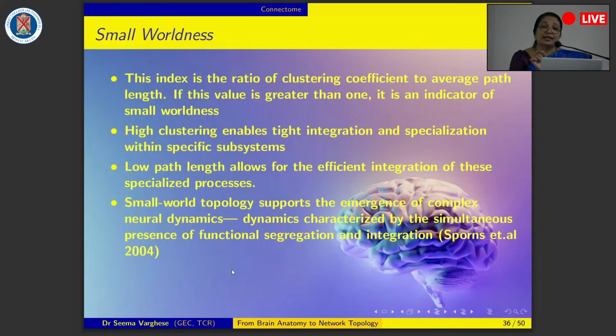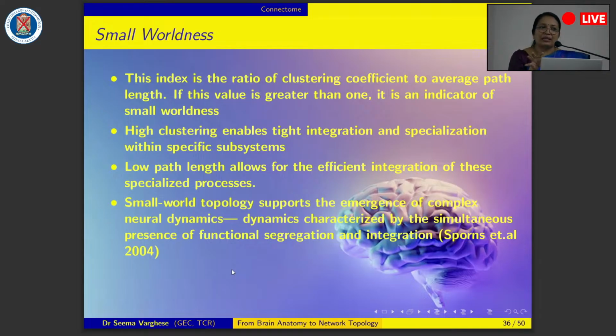So looking at the value of clustering coefficient and small-worldness in the MRI or EEG or the functional connectome of a person, you can identify whether he suffers from a disease or not.